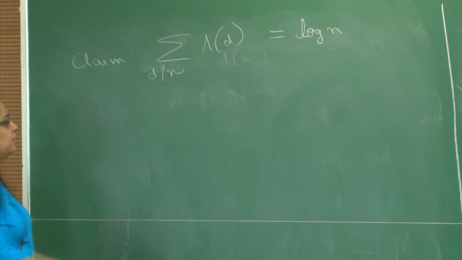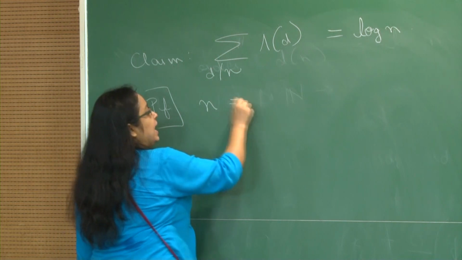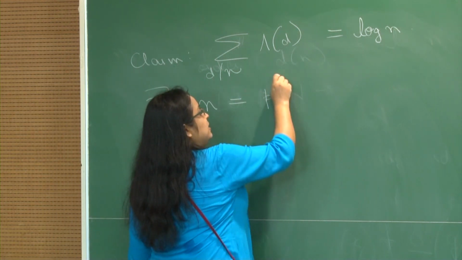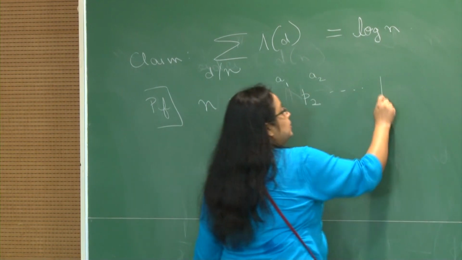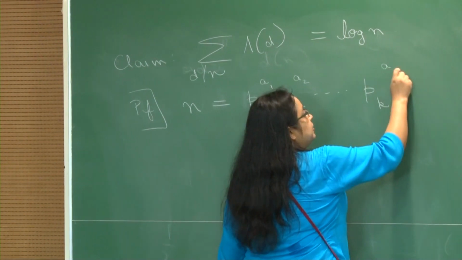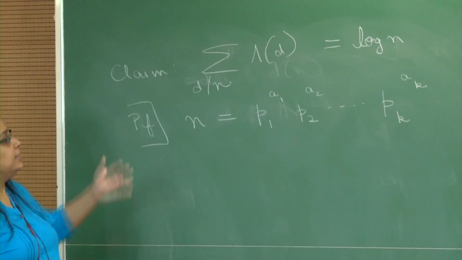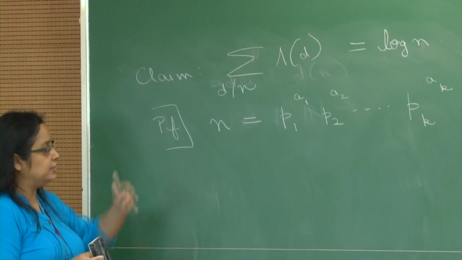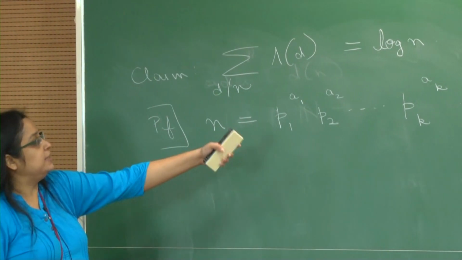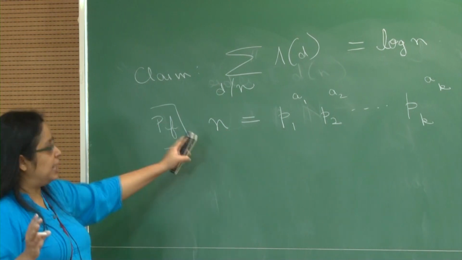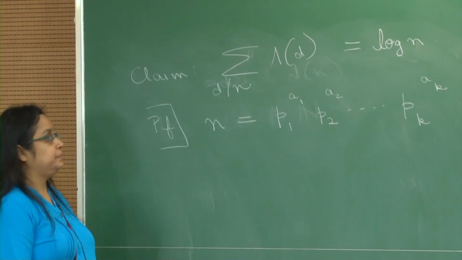Why is this true? Suppose you write n equal to p1 raised to the a1, p2 raised to the a2, up till pk raised to the ak. You know that any number n has a unique factorization in terms of prime powers. So the pi for i going from 1 to k are the prime divisors of n, and these are the respective powers to which they divide n.